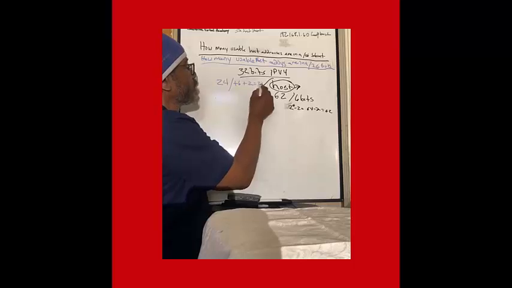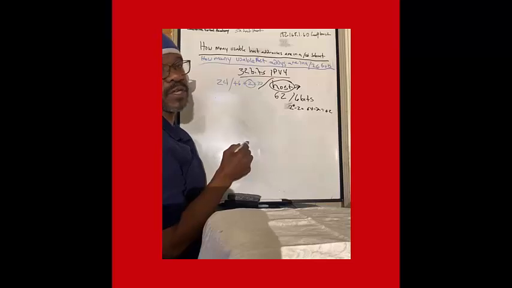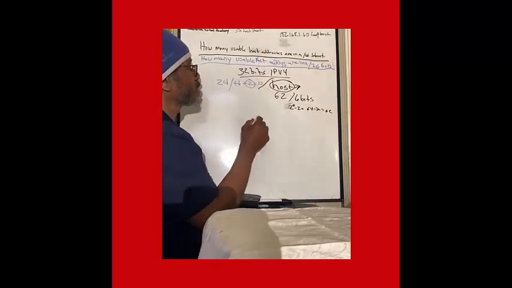That leaves 30. That's all 32. So that means that there's 2 bits remaining to create usable net addresses with.